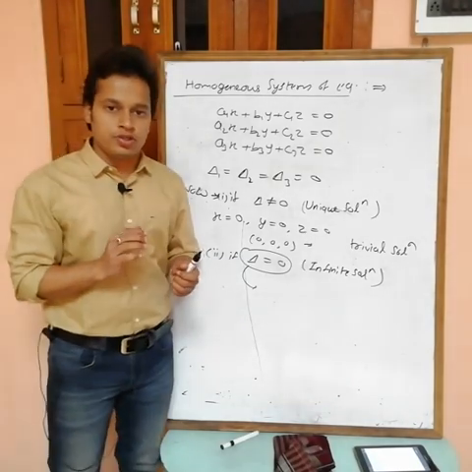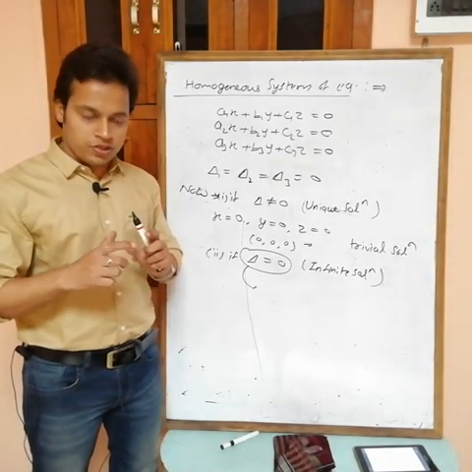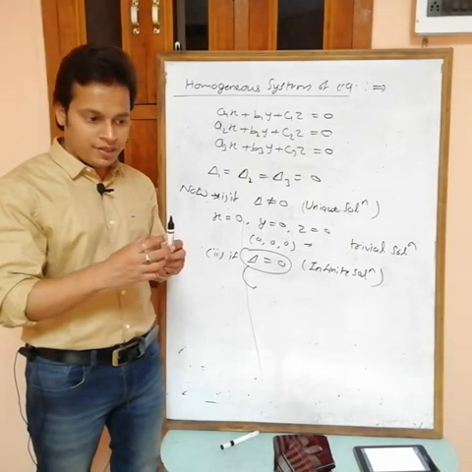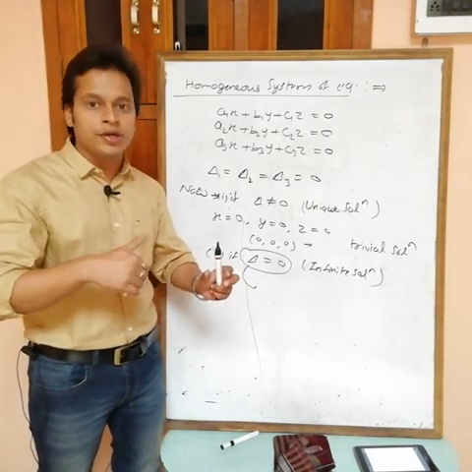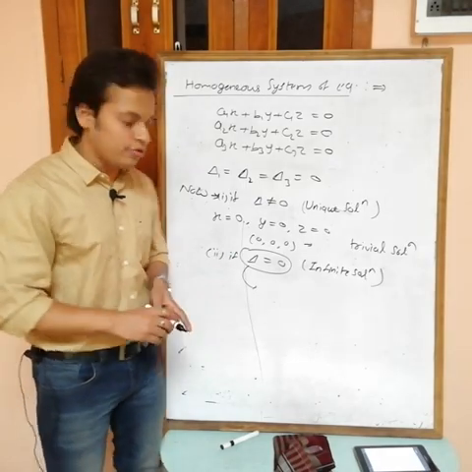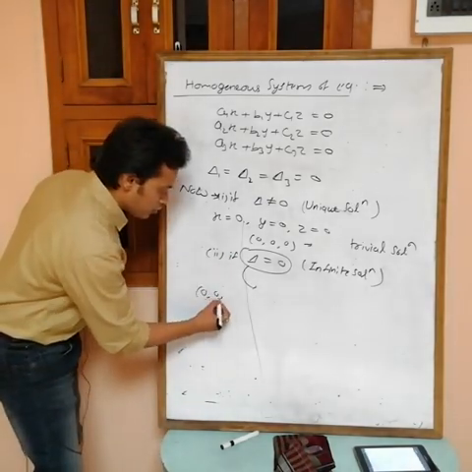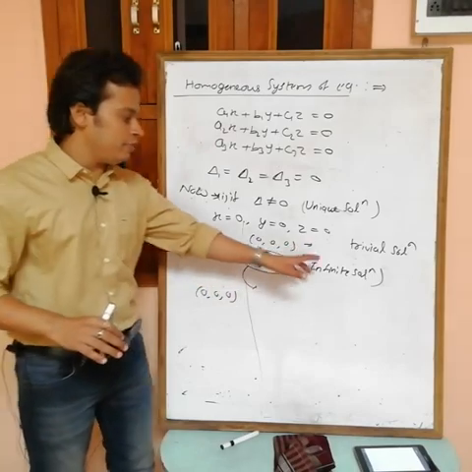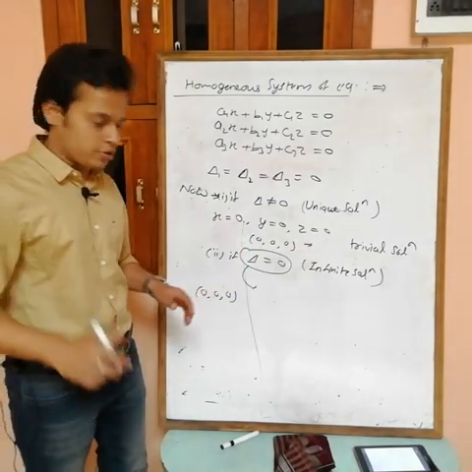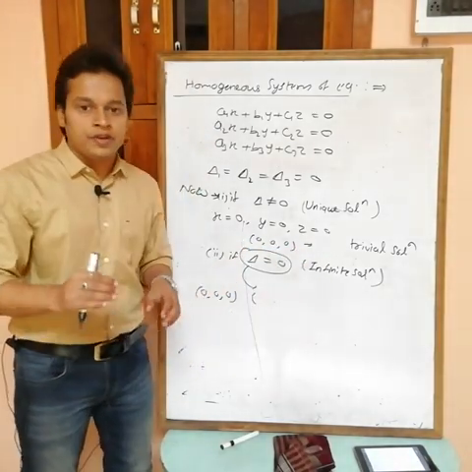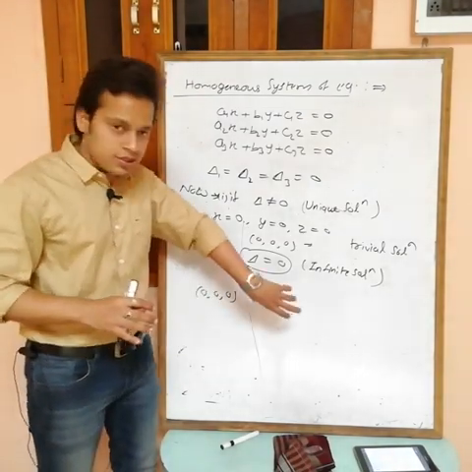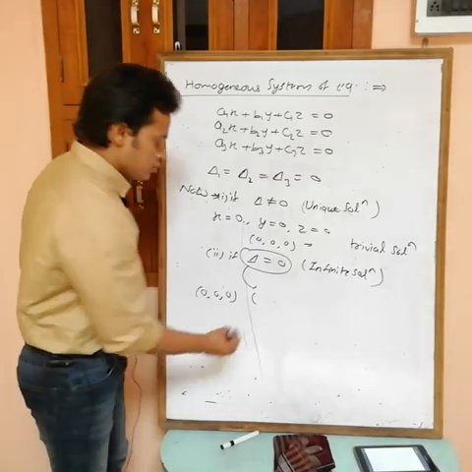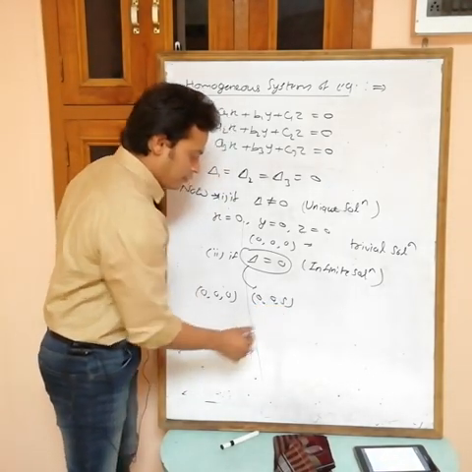If you have infinite solutions, then suppose one solution is 0, 0, 0, then we also have other solutions, and obviously in other solutions you can't take all as 0, because we have infinite solutions. So out of these infinite solutions, suppose 0, 0, 0 is the one solution. Now what about the next solution? You can't take the same again, so suppose this is 0, 0, 5.